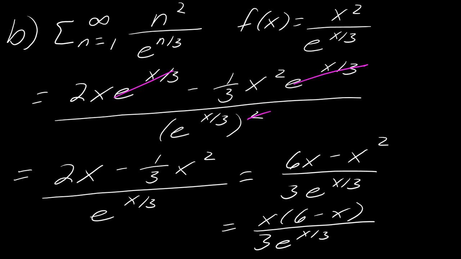Why am I doing this? Remember this is the first derivative, and what does the first derivative tell us? It tells us when the function is increasing and decreasing. So how can I determine where this is increasing or decreasing? Well, to do that, let me clear some space.